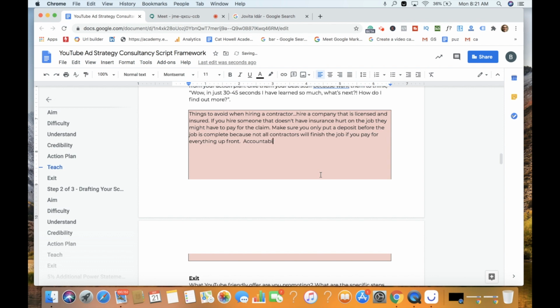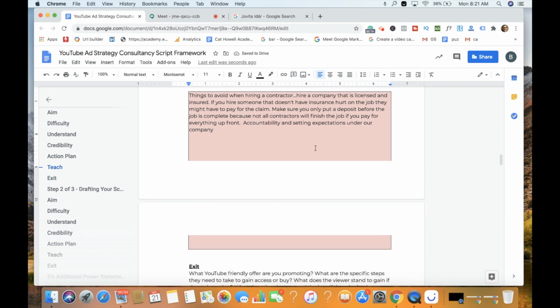Yeah, basically you could say that all of the people that work under us are held to a very specific standard, and we won't send anyone out to your house who doesn't meet it. We refuse to work with employees or subcontractors who don't show up on time.